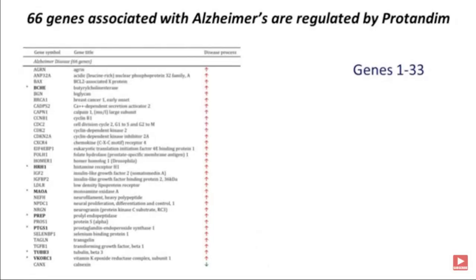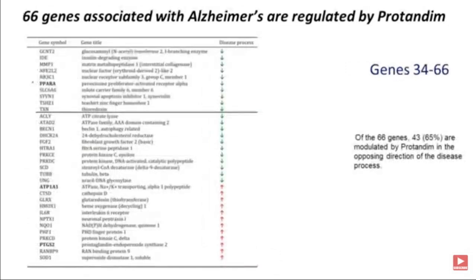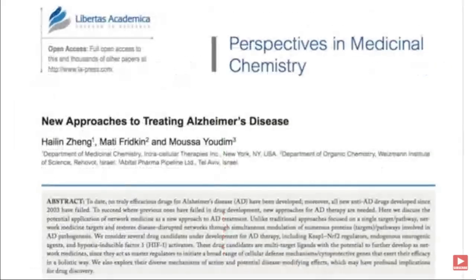And if you look at what happens when you take Protandim, of the 66 genes, 43% of the genes were modulated by Protandim in the opposing direction of the disease, meaning that if the disease activated that particular gene, Protandim turned it off in 65% of those particular genes. So again, Nrf2 is actively being looked at in Alzheimer's disease.